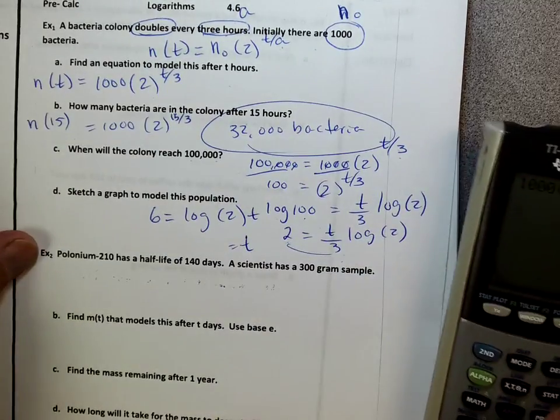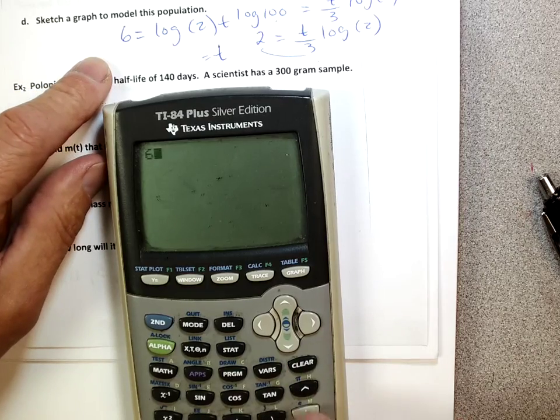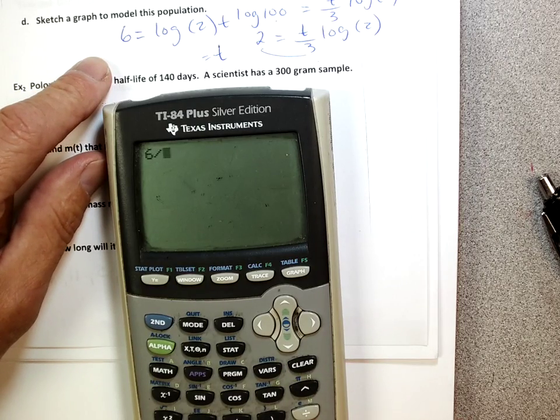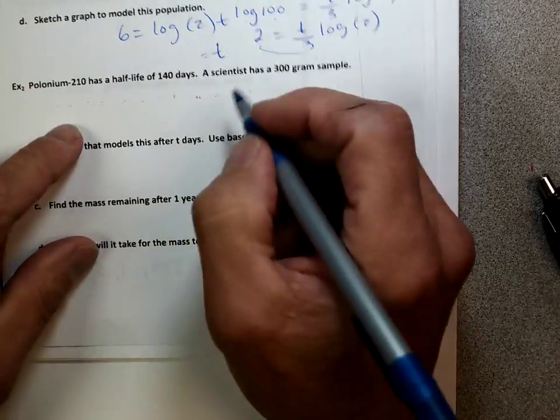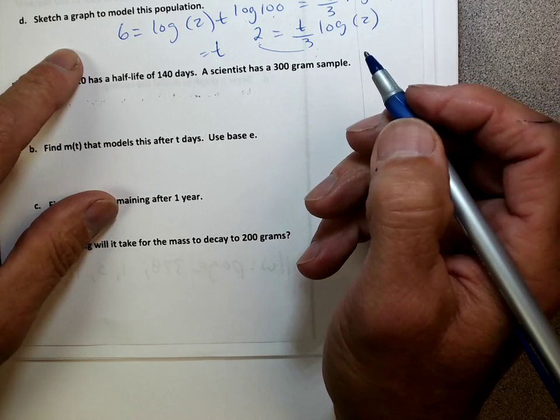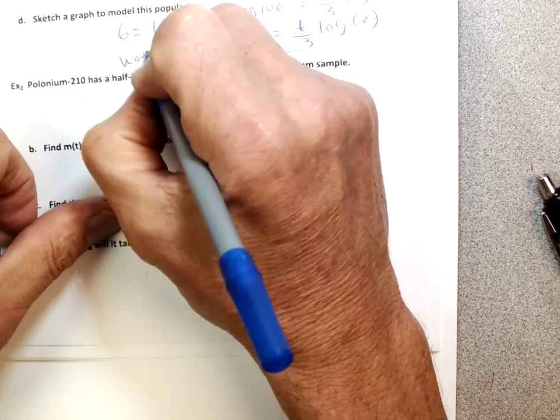Am I going too fast? I get an answer of about 19.93, and that's in terms of hours.